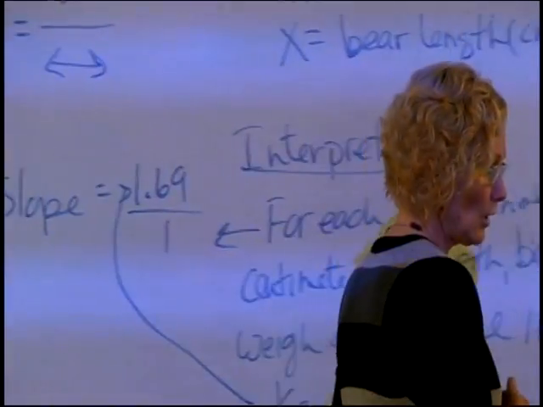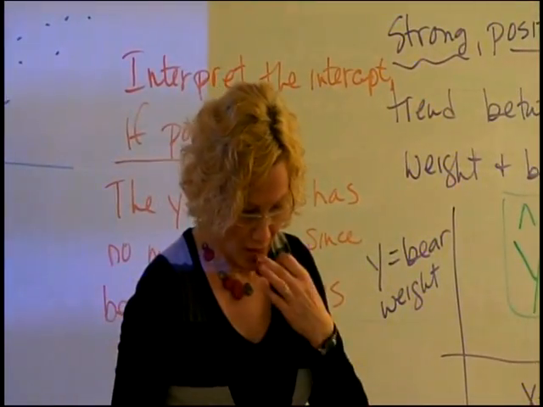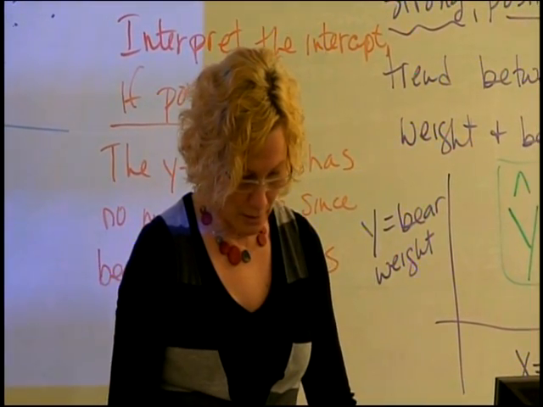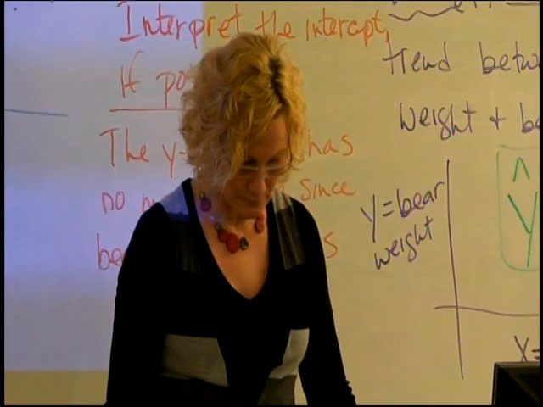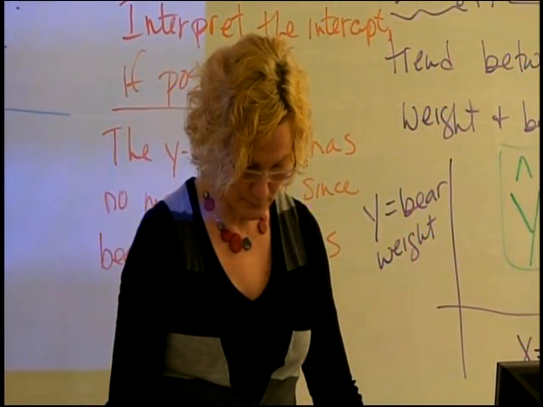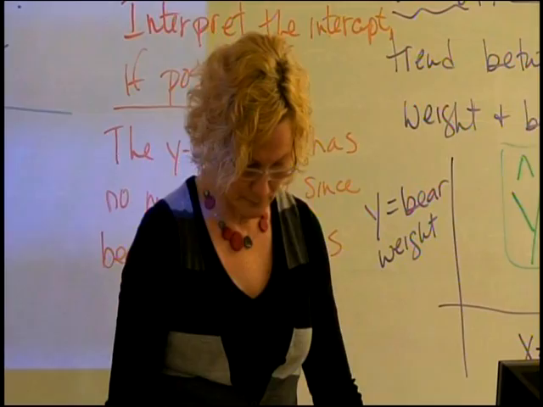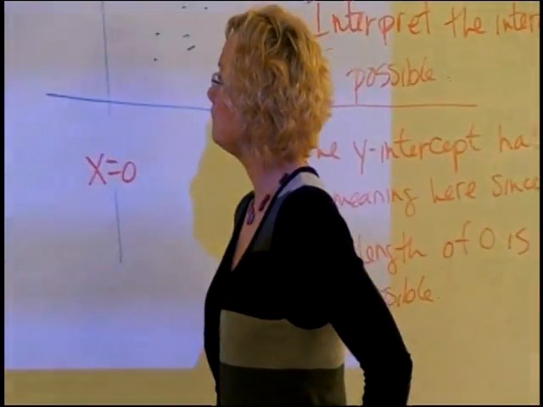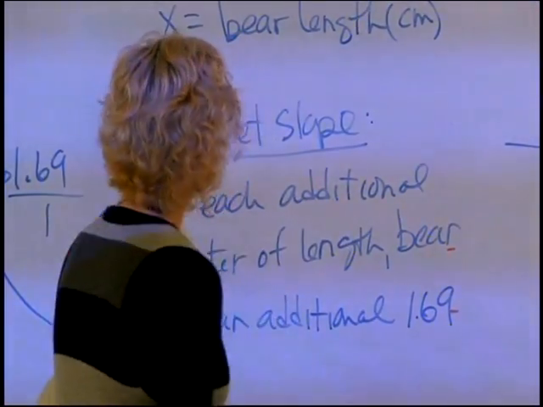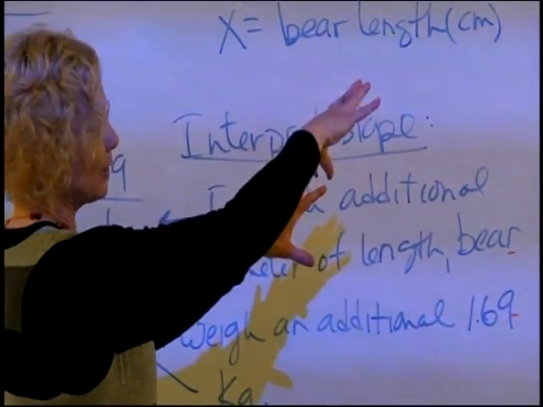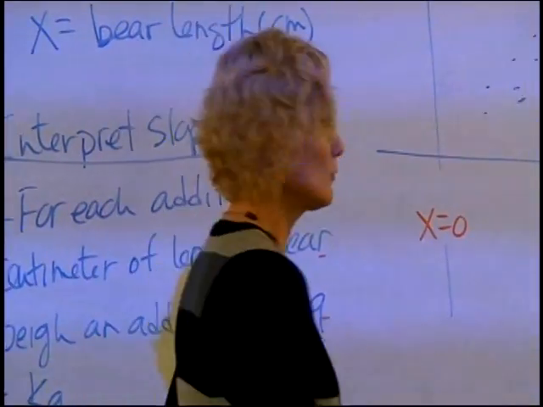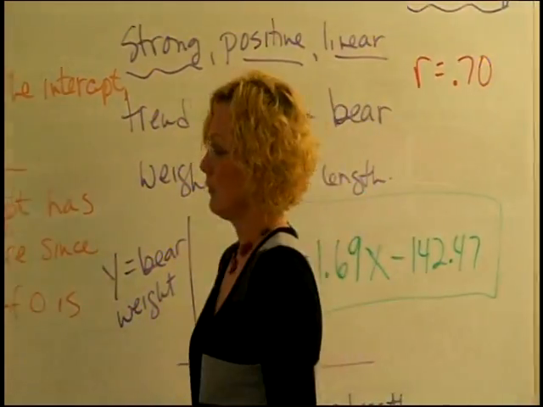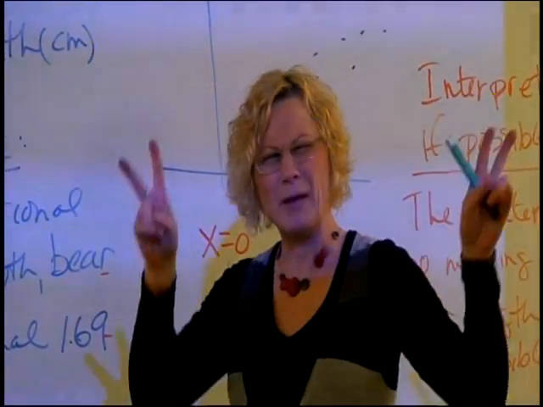Okay? So the next thing we might want to do, we're already in 4.2. Let me talk about this. When we have our scatter plot, how do we know that the line we've calculated is the best line?